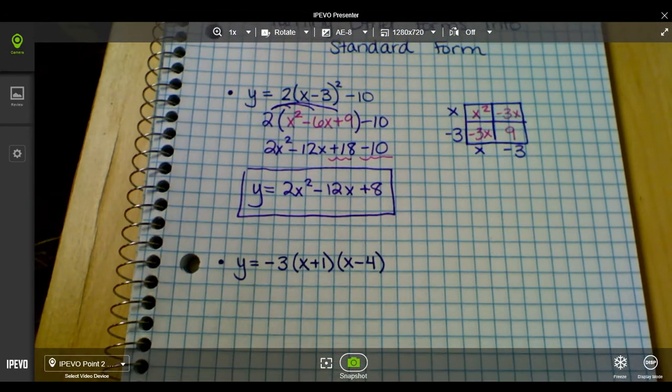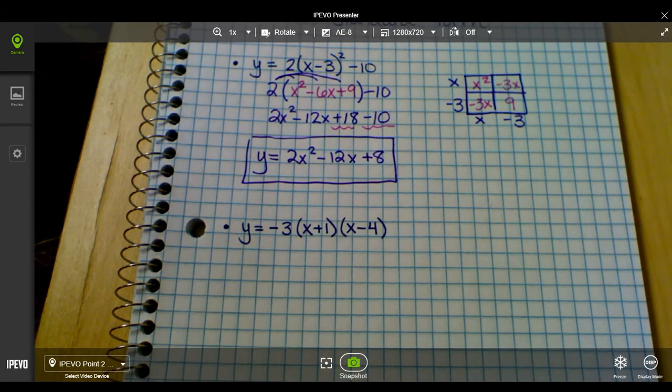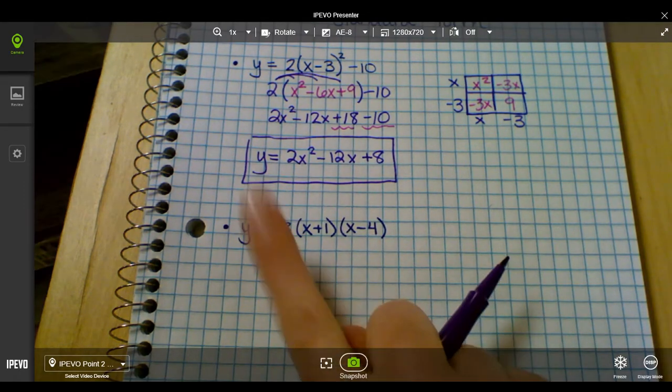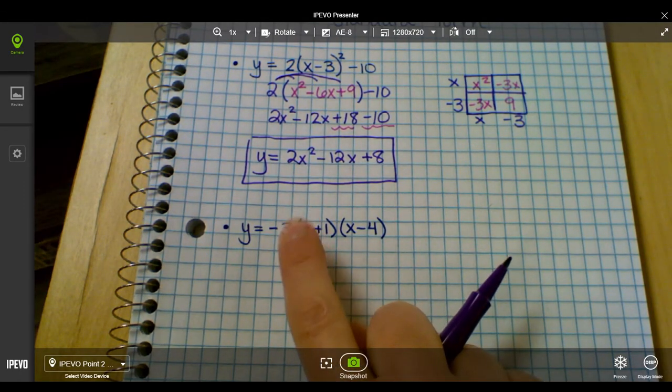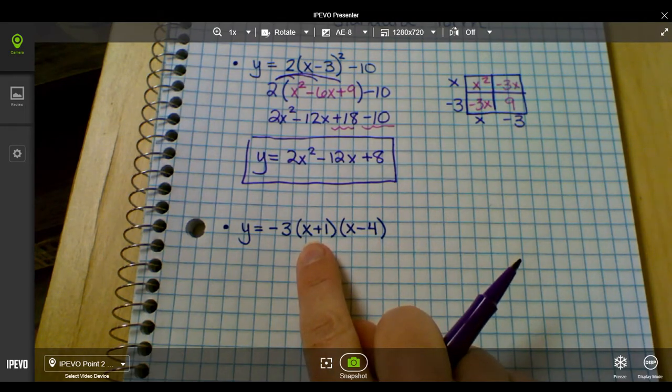Okay. When you go to turn factored form into standard form, you have 2 options. You still have to do both rules, but it doesn't really matter which way you do it. The first thing that you can do is distribute this negative 3 to only one of the parentheses, and then you can use a generic rectangle.